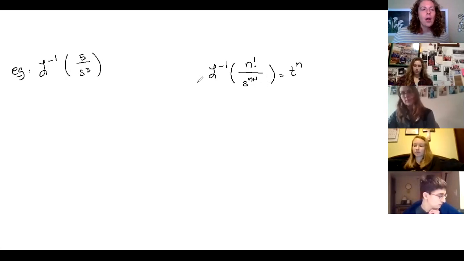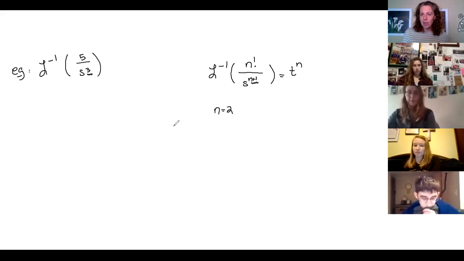All right, so I'm matching stuff up here. In this case, I have a 3 in the denominator, and in my rule, I have an n plus 1 in my denominator, which means that I want to use n equals 2. You match up exponents in the denominator.